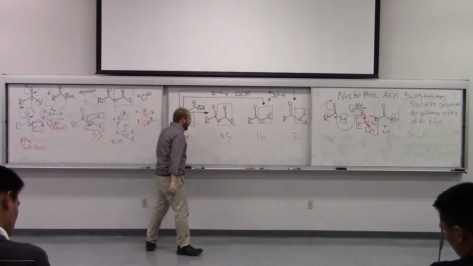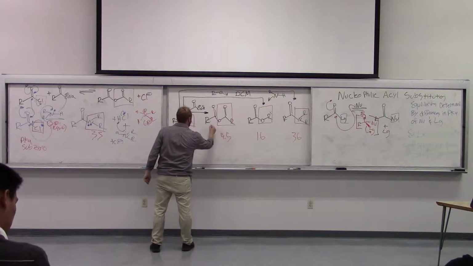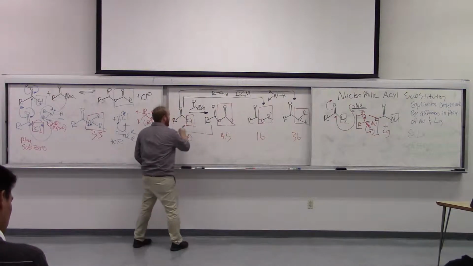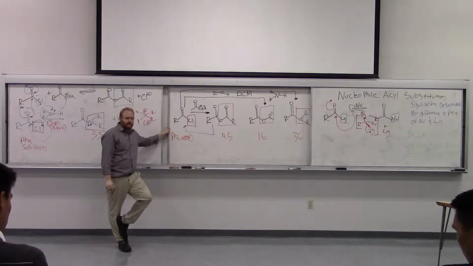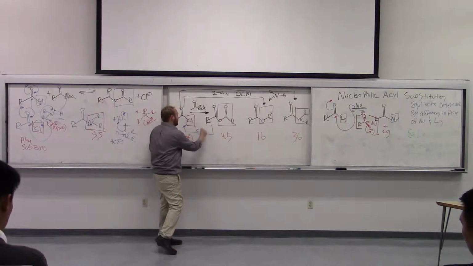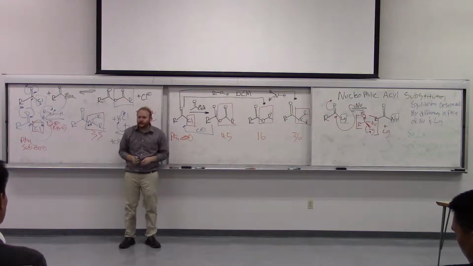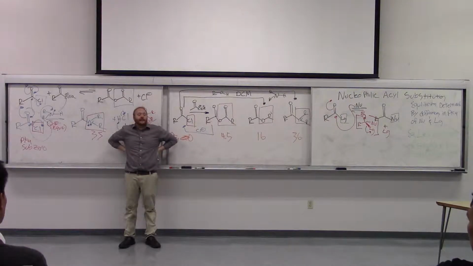Okay, now what? Well, can we take an anhydride to a chloride? Based on pKa argument, can we take Cl minus and go to the acid chloride? Where would the equilibrium lie?